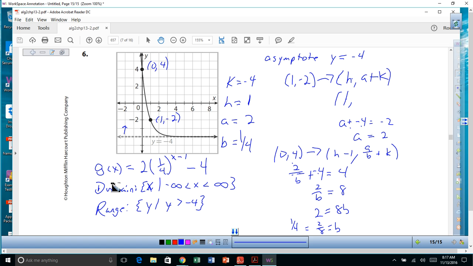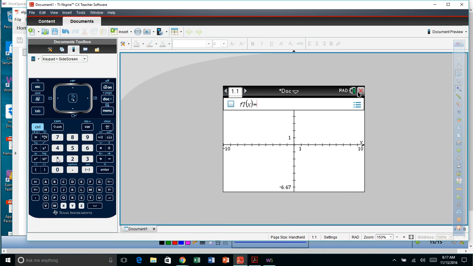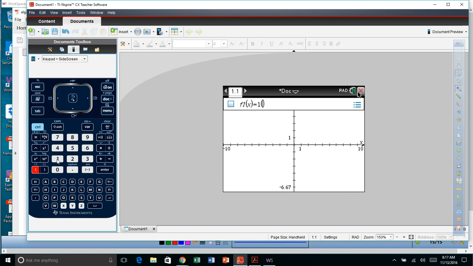All right. And let's try that in our graph. Let's test that in our graphing calculator. So we got 2 open parentheses, 1 control divide, and it was 4 caret, and then we're going to put x minus 1, and then we got minus 4.